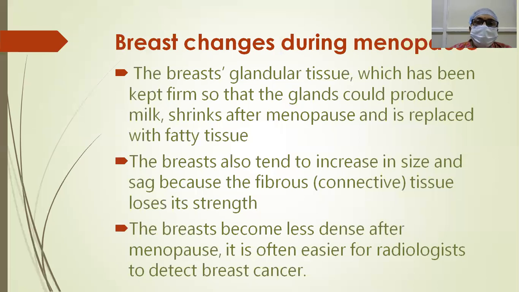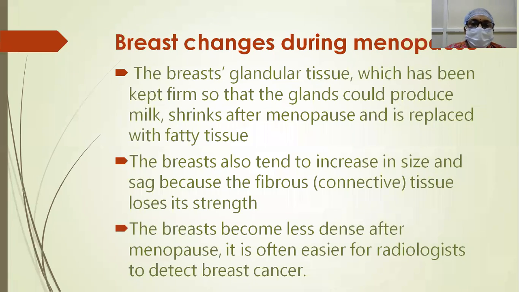So we'll go through what happens to the breast after menopause. During menopause, there is withdrawal of estrogen and progesterone hormones. So the breast glandular tissue, which had been kept firm so that it could produce milk, will shrink after menopause and is all replaced by fatty tissue.